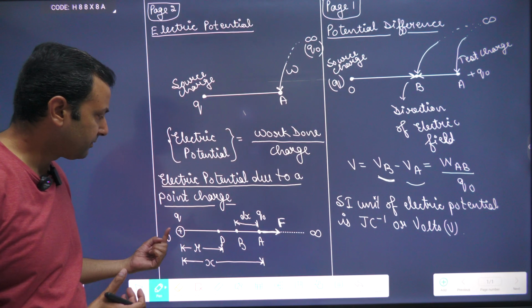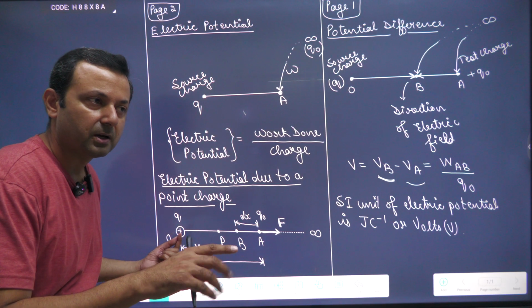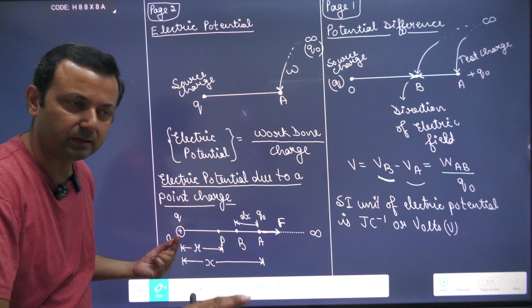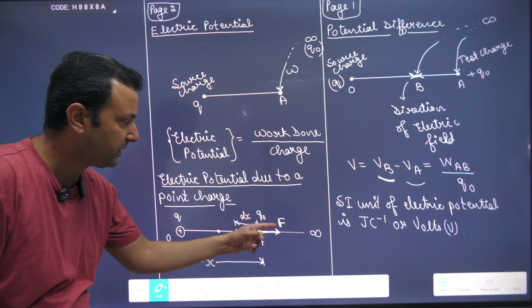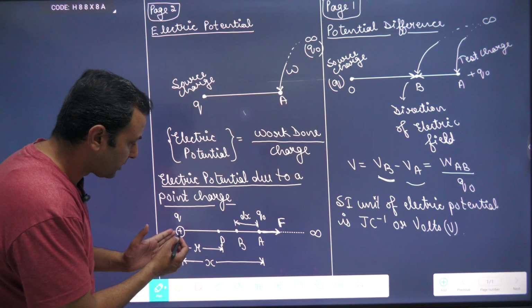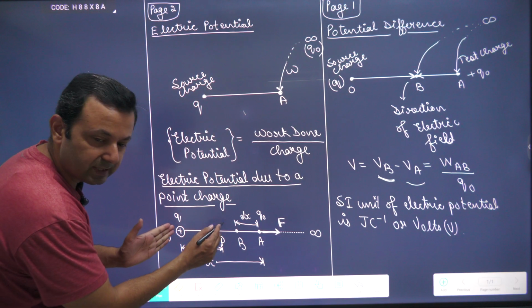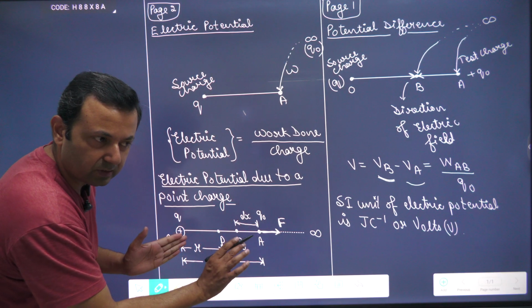So I already have this charge Q, and what will be the direction of electrostatic force? I will come to electric potential later. First of all, understand the direction of electrostatic force. It will be like this at every point on this line, because this positive charge radiates out electric field. So the direction of electric field is the direction of electrostatic force.